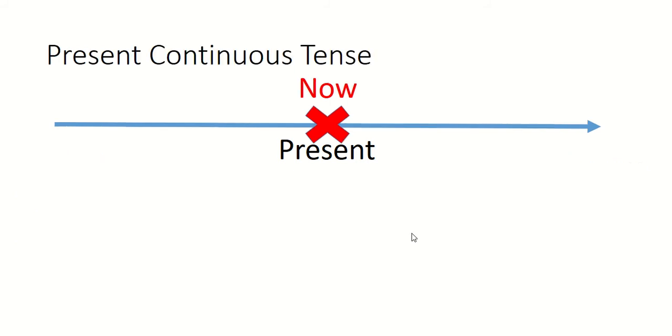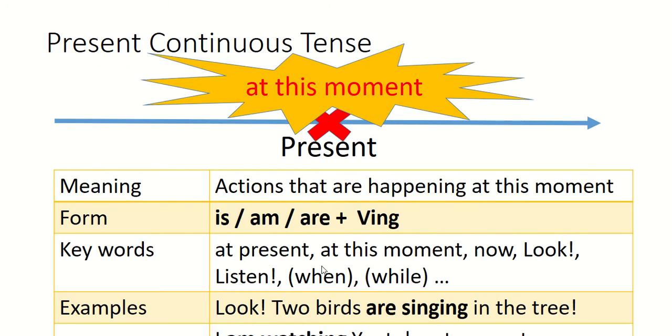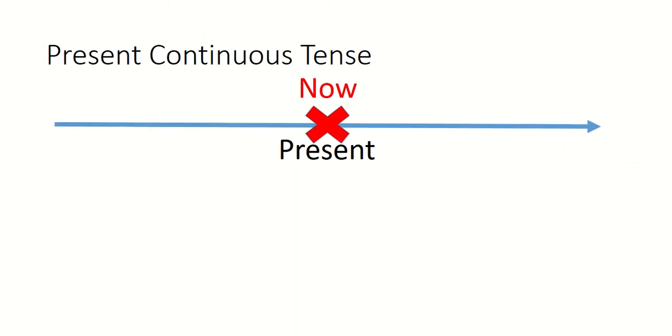Now let's have a quick recap on present continuous tense. Present continuous tense is about an action that's happening at the moment. Usually you will see the word now, but from last year, you learned that the word now doesn't always mean present continuous tense.